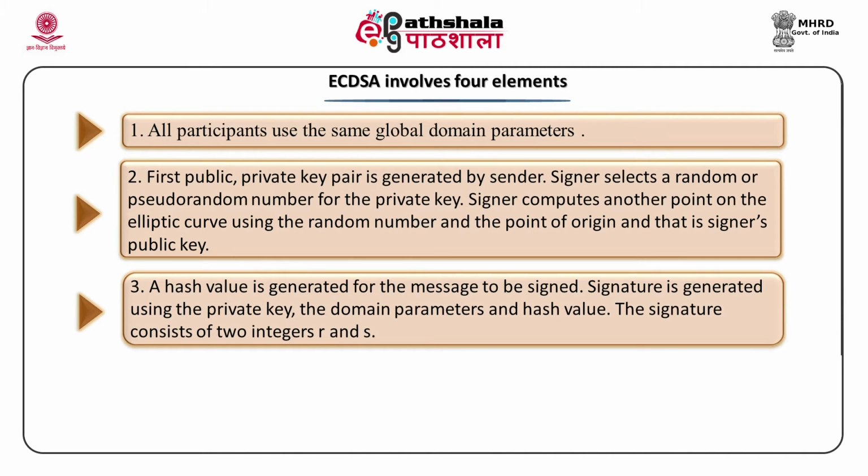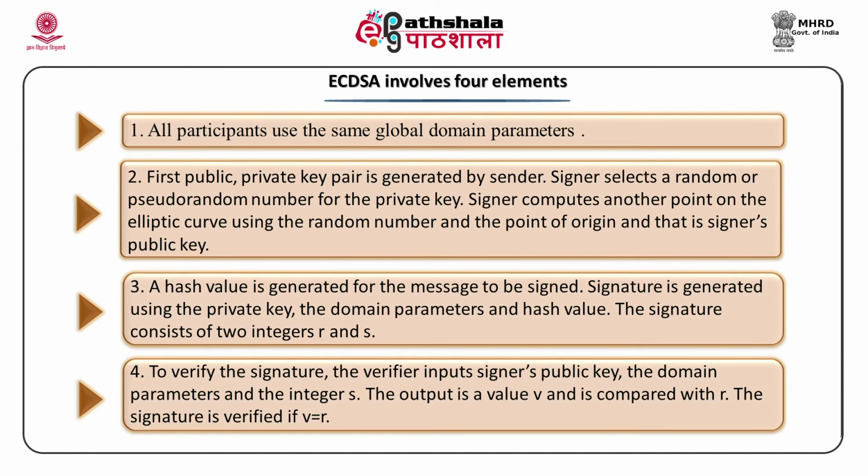The signature is generated using the private key, the domain parameters and the hash value. The signature consists of 2 integers r and s. To verify the signature, the verifier inputs the signer's public key, the domain parameters and the integer s. The output will be the value v, which is compared to r. The signature is verified if v equals r.